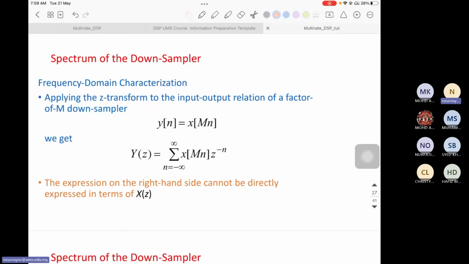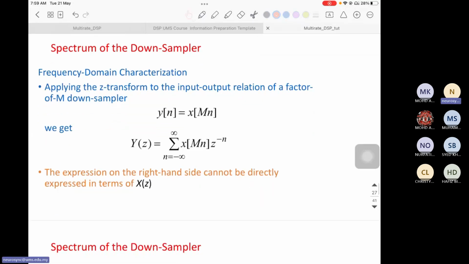Similarly, we can plot the spectrum of the downsampler. In the case of the downsampler, I can write the input-output relation like this: y of n is equal to x of M n.